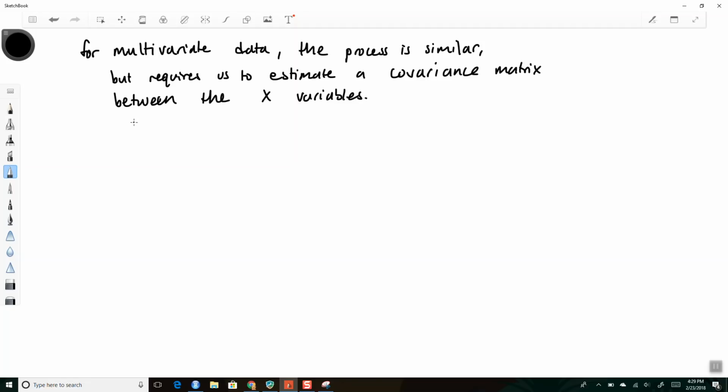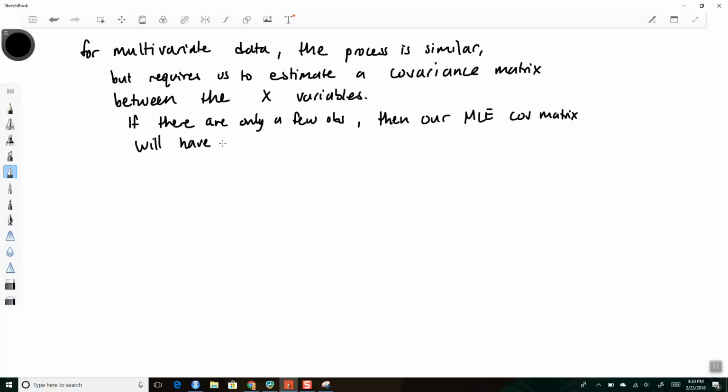And if there are only a few observations, then our MLE covariance matrix will have a high amount of uncertainty.